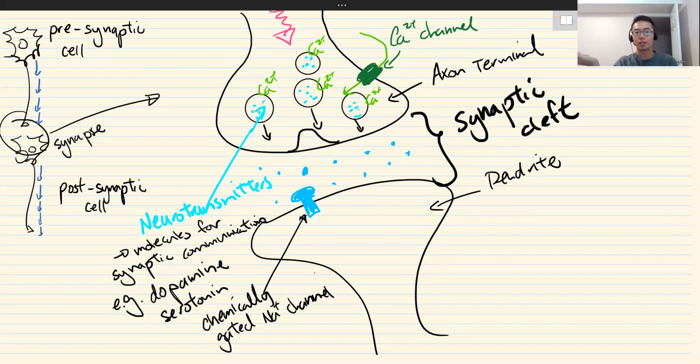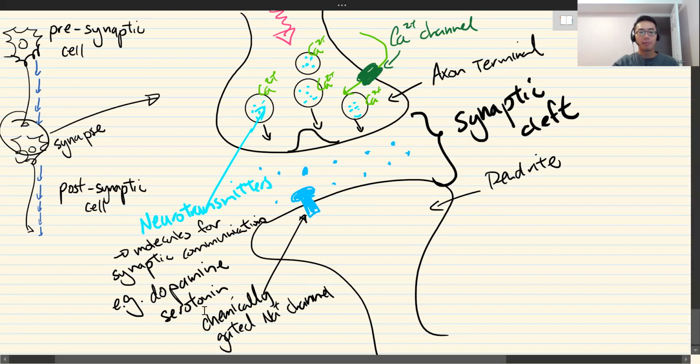Voltage sensitive sodium channels. What's the difference? They are both gated. That means they could both open and close. The voltage sensitive ones that we talked about before the break, those are controlled by the voltage of the membrane. Chemically gated sodium channels are controlled by the presence or absence of a chemical. In this case, it would be a specific type of neurotransmitter.